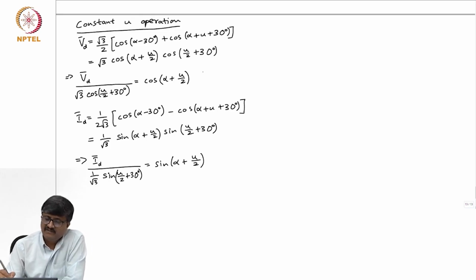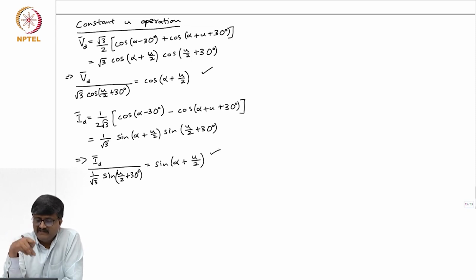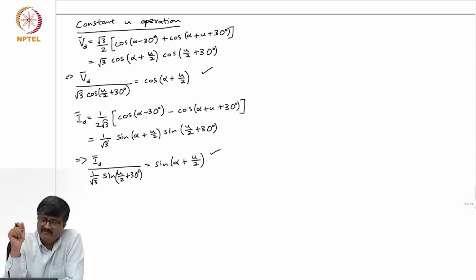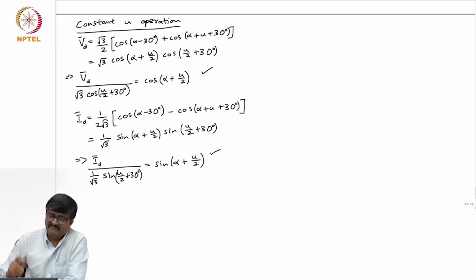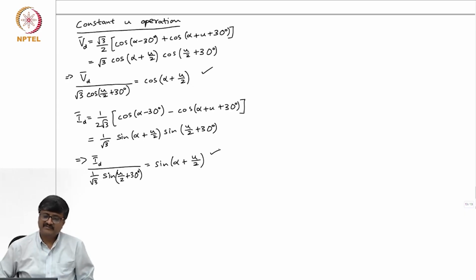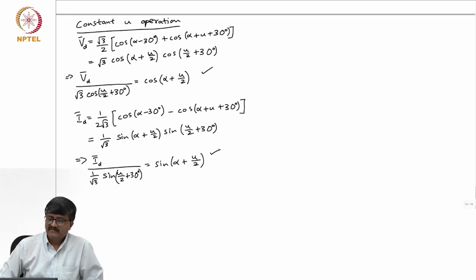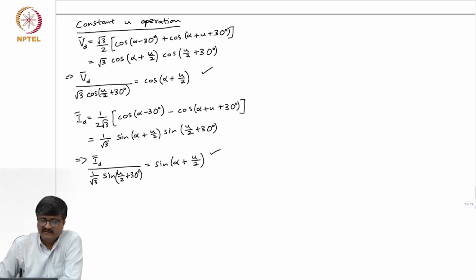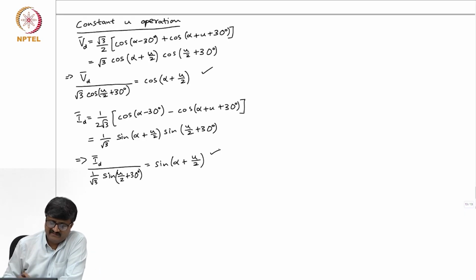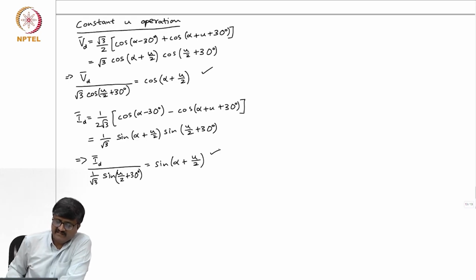So if you look at either of these equations, on the left hand side I don't have alpha, and on the right hand side I have in the first equation cos(alpha plus u by 2), and in the second equation sine(alpha plus u by 2). So if you square both sides of these two equations and add them, on the right hand side you get 1, and on the left hand side you get an expression involving Vd, Id and u.